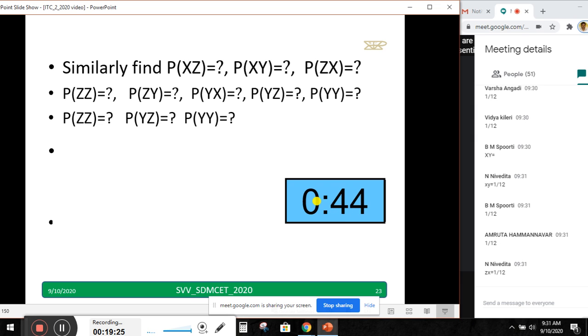ZX 1 by 12, Nivedita, good. Amrita said 1 by 12. XY 1 by 12, Shilpa. Cross verify your answer also. If your answer is different, you can just type it. Even if it is the same, type it. At least I will come to know that you have done it. If your answer is the same, don't sit idle. Type it. Be active. Involve yourself in the discussion.